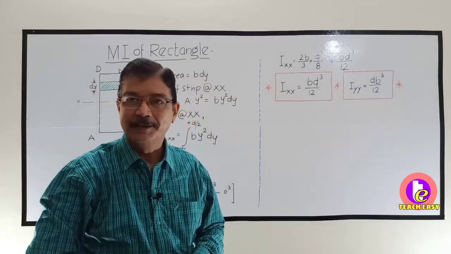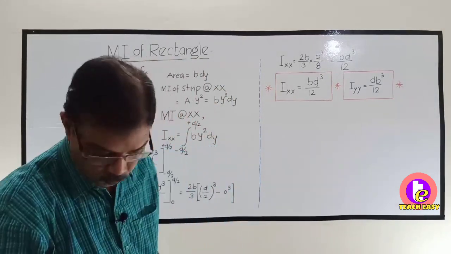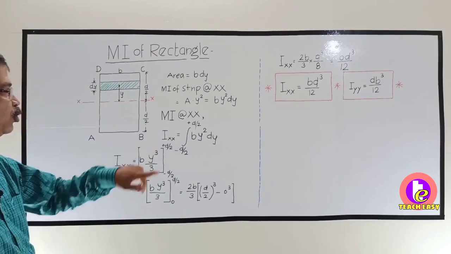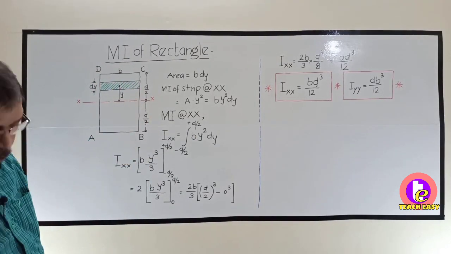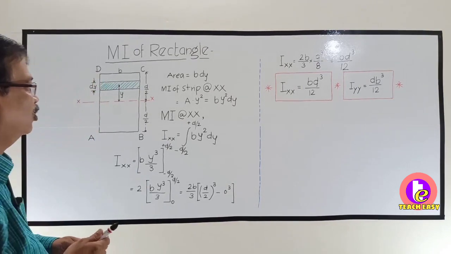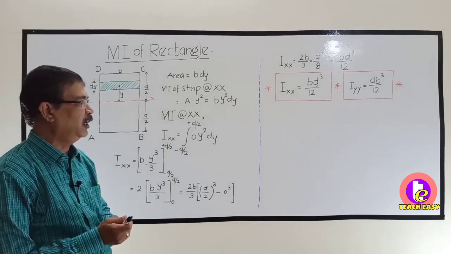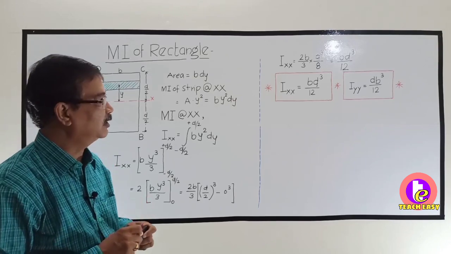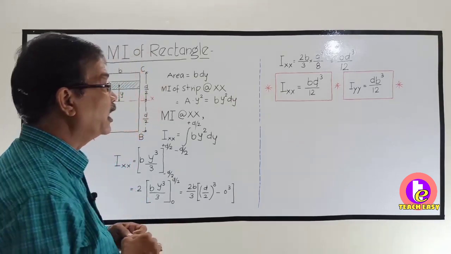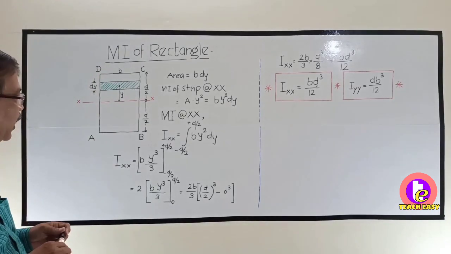Do you understand this? Now, this is bd cube by 12. b is the width of the section, d is the depth of the section. So moment of inertia of a rectangle about the horizontal centroidal axis is bd cube by 12, and that about the vertical centroidal axis is db cube by 12.